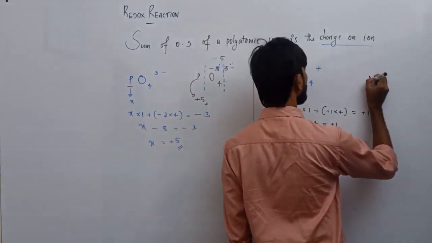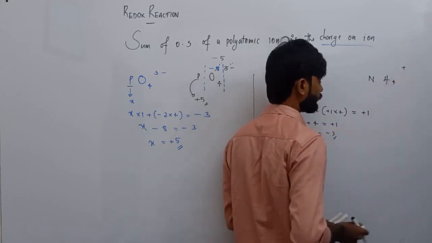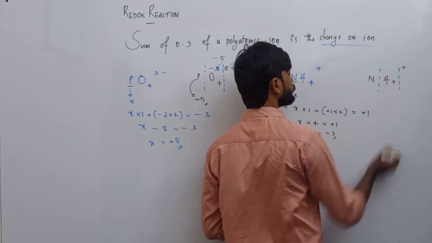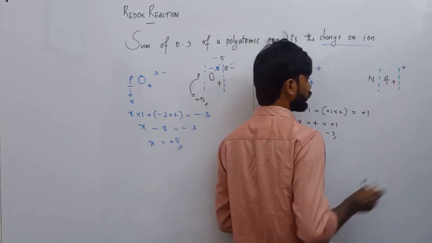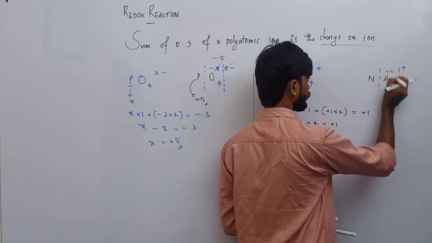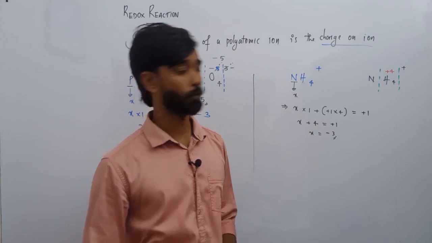Or the alternate idea: we have NH4+, and you split this into 2. We know the charge of hydrogen. Hydrogen should offer +4, because one hydrogen has +1 and 4 hydrogens have +4.